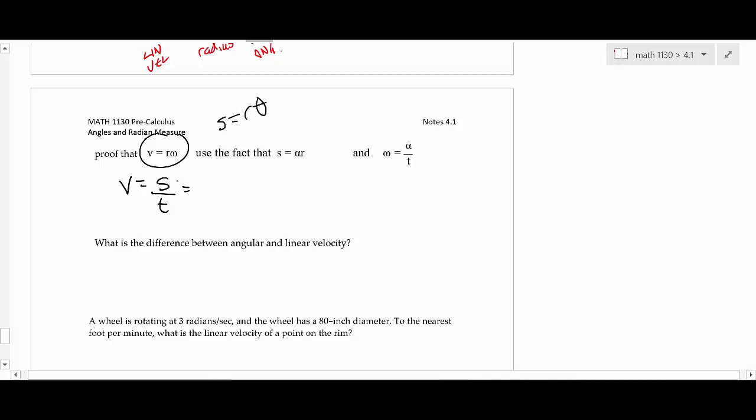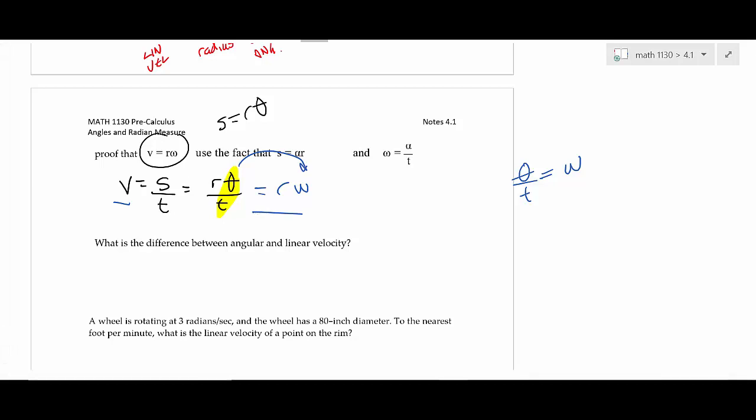So replace S with R theta and leave the T alone. Theta over T, we also learned just a few minutes ago, is omega, because omega is the angle something travels in a unit of time. So you change that theta over T to omega, and then you've got it. V is equal to R omega. So that's where that comes from. That's the derivation of that.